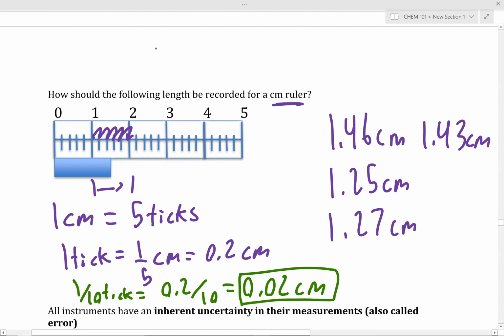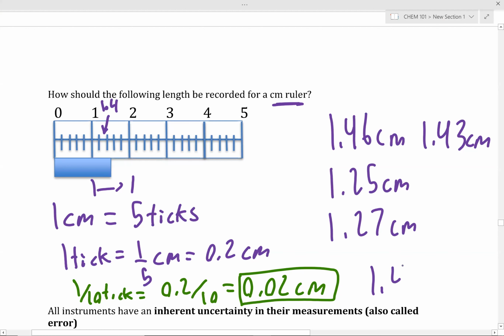Now, looking at this, what tick mark are we past? 1, 2, 3, 4. The first, second, third, or fourth? Second. So then, what this is really saying is this second tick mark is 1.4. So we know our certain digit is at least 1.4.